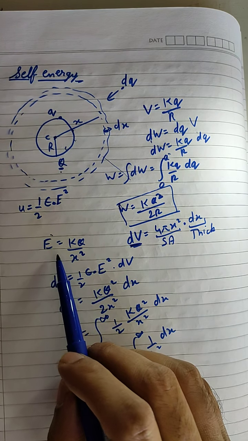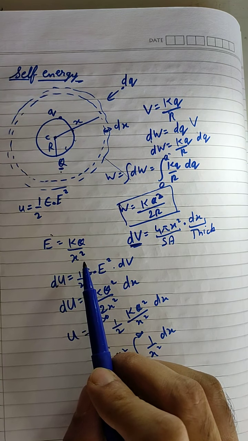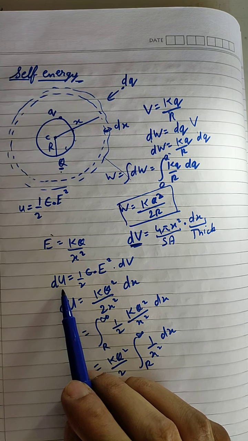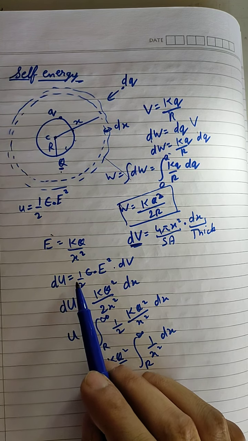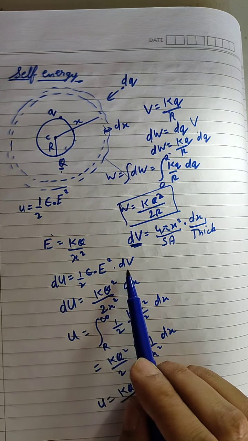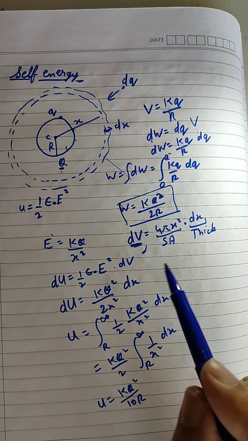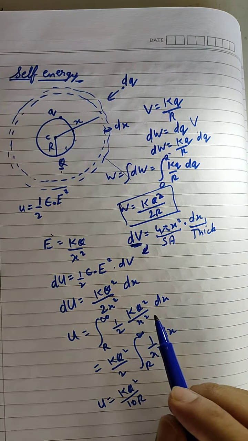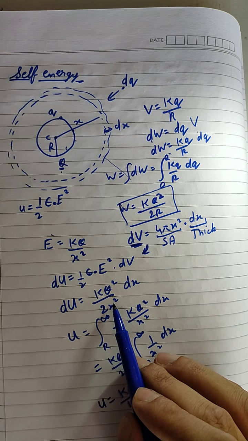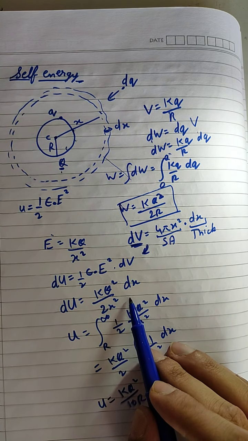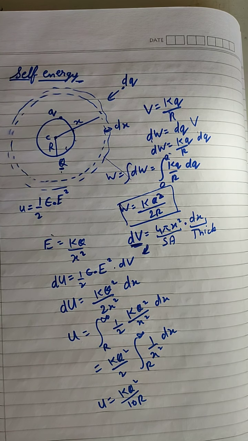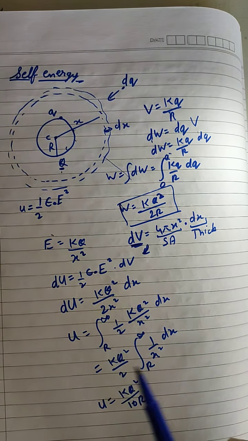Now the electric field, as we know, E equals kQ upon x square, then dU, that is the small energy, will be equal to half epsilon naught E square dV. Putting this value of dV, we get the expression kQ square upon 2x square into dx. Now to calculate the total energy of this system, we integrate it.